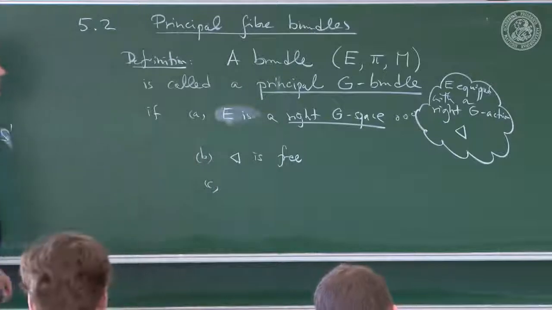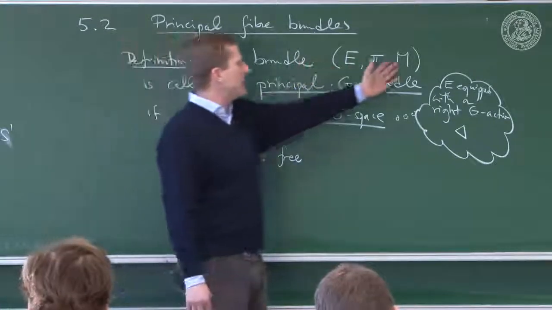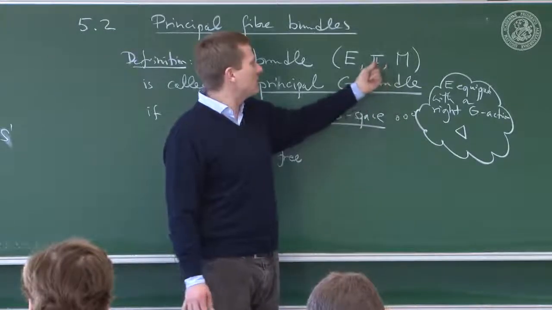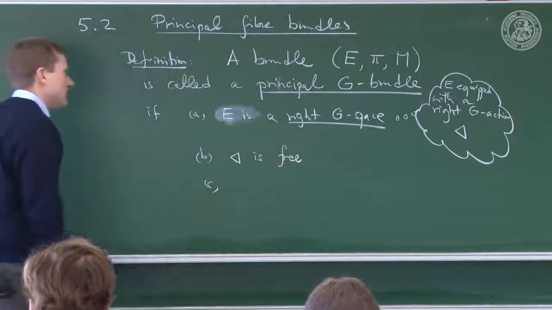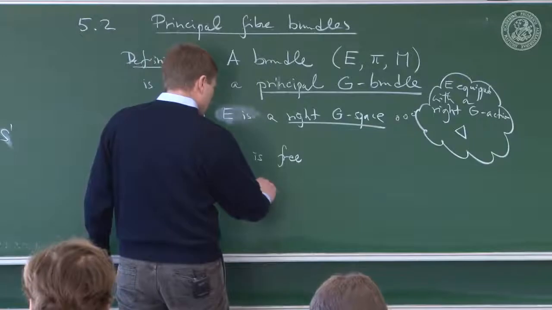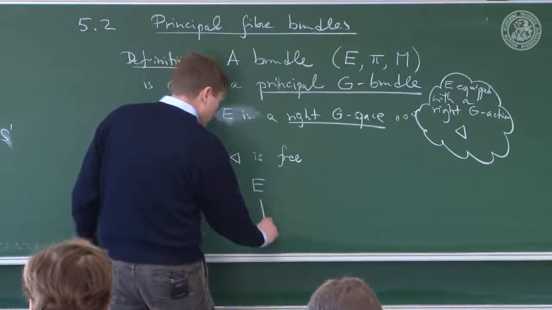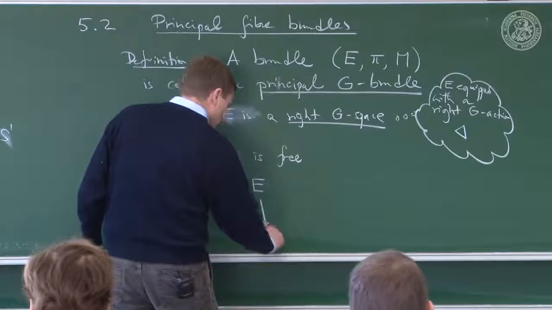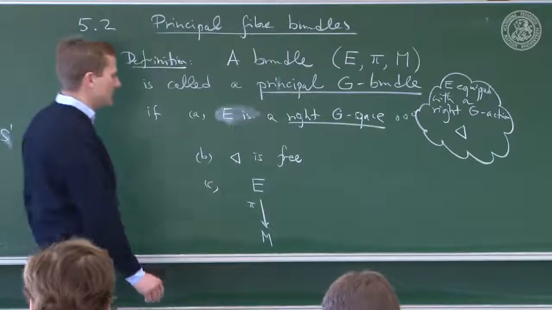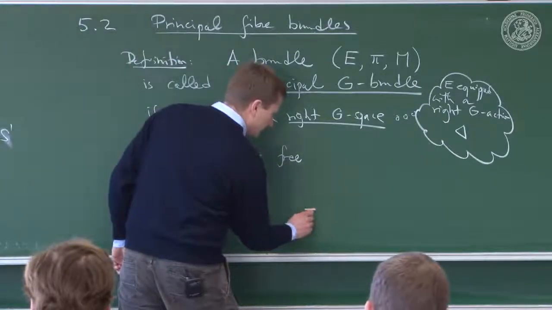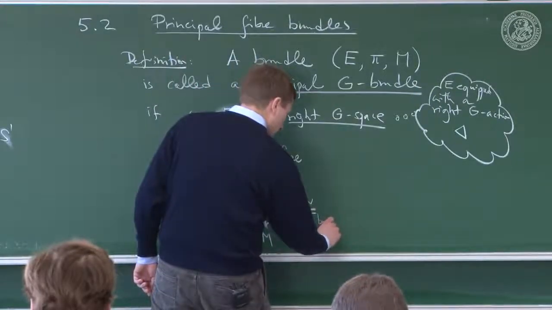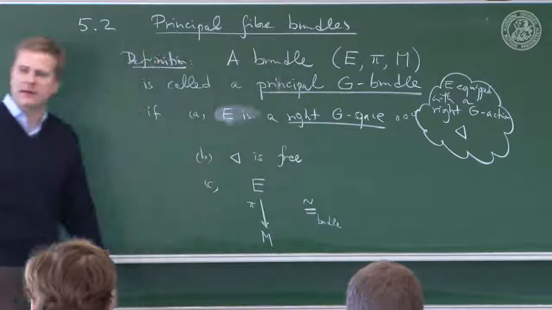And now I need to say, okay, I have a bundle (E, π, M). There is no sight of any G anywhere. So when do I call such a bundle a principal G bundle? I call it a principal G bundle if (E, π, M), another symbol for the bundle, is as a bundle isomorphic, but as a bundle. You remember when a bundle was isomorphic?